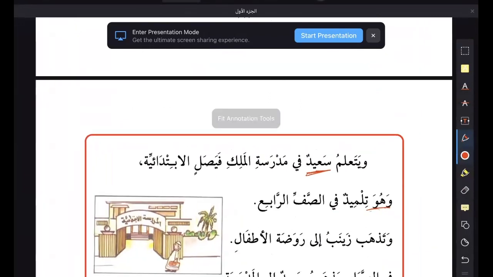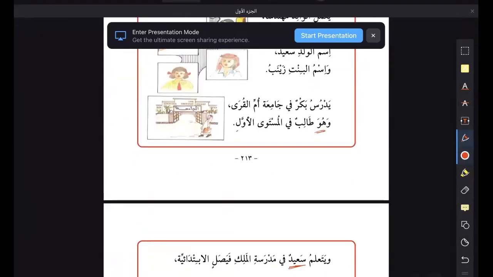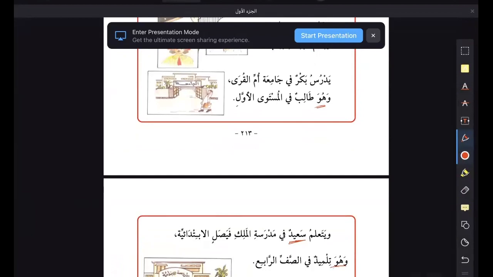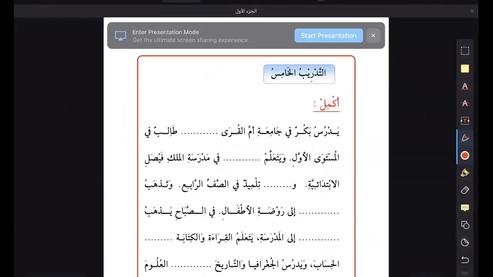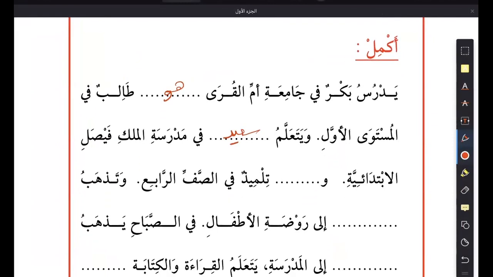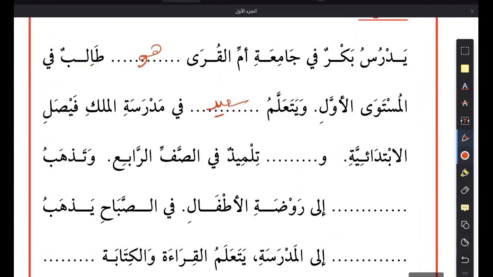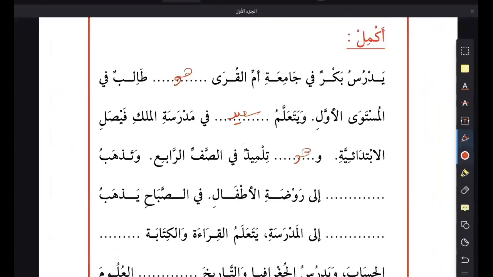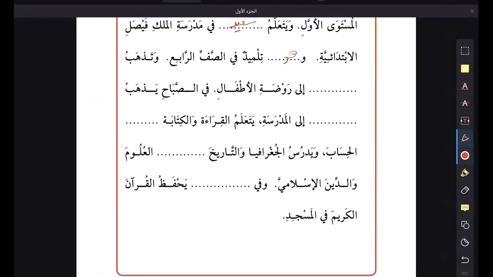What you can do is read back this whole text and then simply fill it in. You can easily do this one. يدرس بكر في جامعة أم القرى. You can say وهو, or you can also say هو طالب في المستوى الأول ويتعلم سعيد في مدرسة الملك فيصل, and go through the whole thing. This also would be هو. Inshallah you can do this.